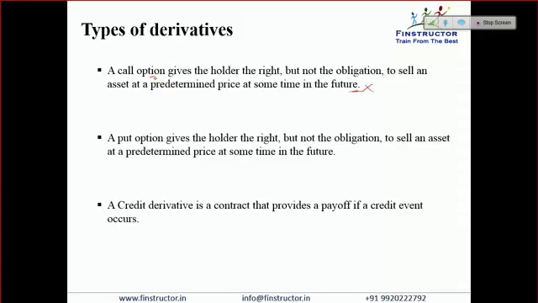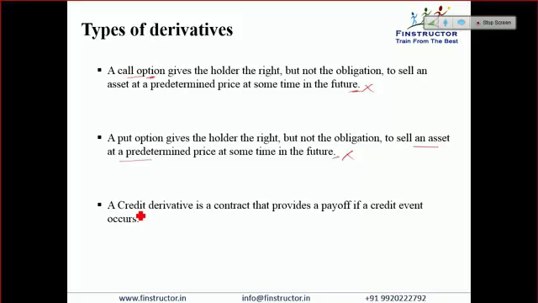We just want to give an introduction to derivatives here. You don't really need to know or even understand. Even if you skip the slide, it's fine. A put option similarly gives the holder the right but not the obligation to sell an asset at a predetermined price sometime in the future. Again, we'll study in detail when we reach the review on options.